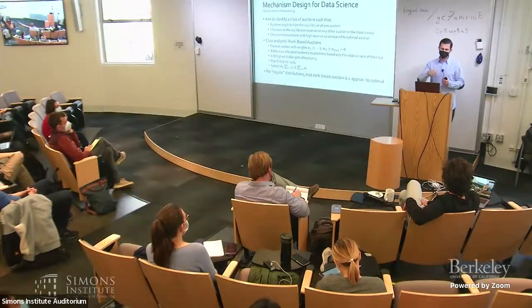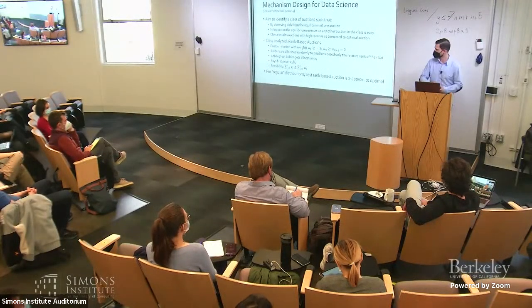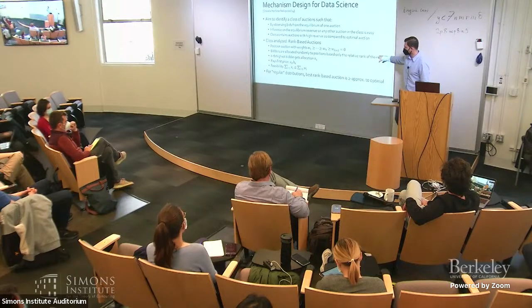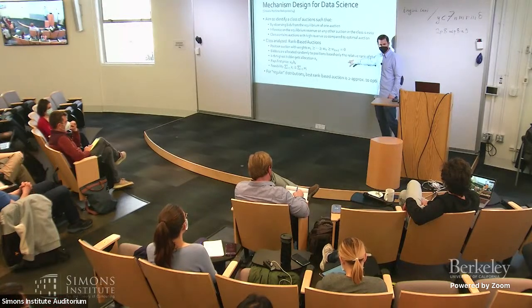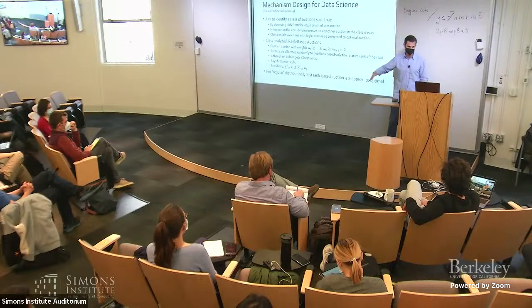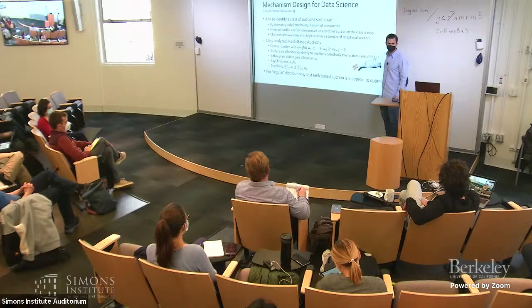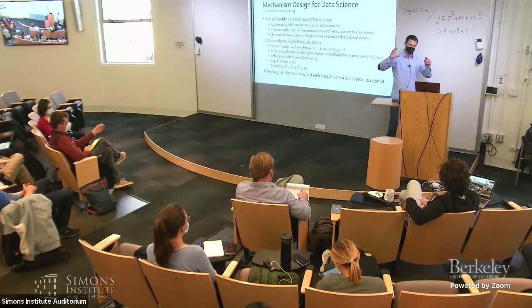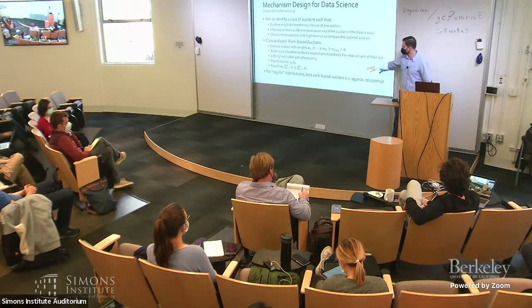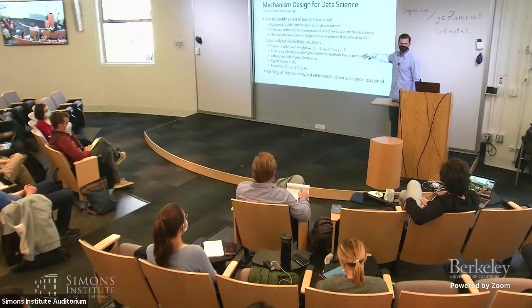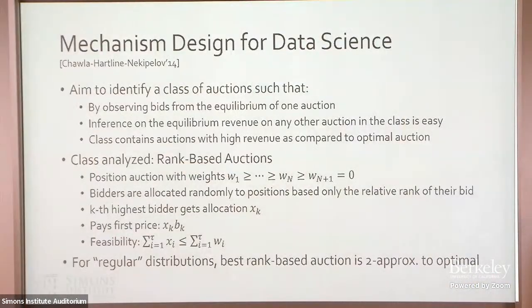You can think of this as the mechanics of the auction, but you can also think of it equivalently as each bidder getting some total allocation xk and paying first price. So the payment is my total allocation times bk, but because these xk come from randomly assigning bidders to these slots, those allocations have to satisfy prefix constraints: I cannot allocate to the top tau bidders more than what is there in the top tau slots.